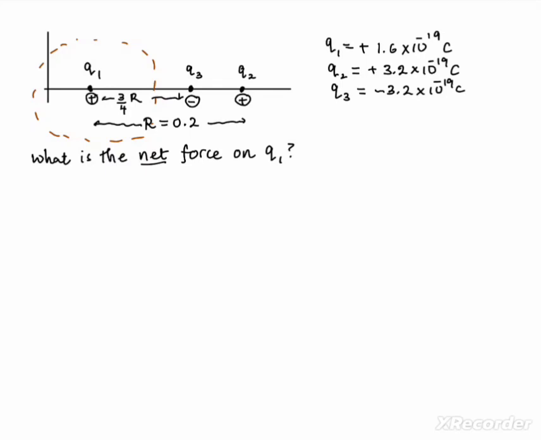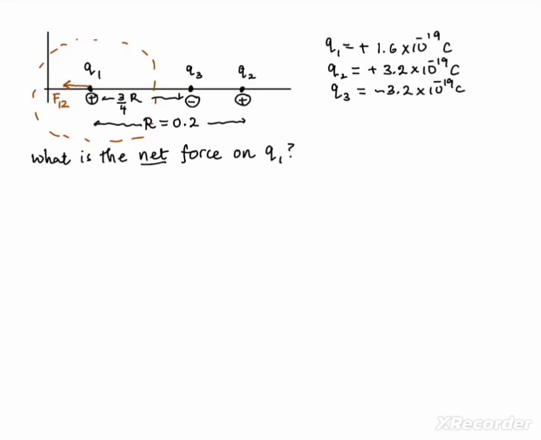So what are the forces on Q1? Q1 and Q2, both positive, repel each other. So at Q1, the force goes to the left, away from Q2, and we name it F12, the force on Q1 because of Q2.